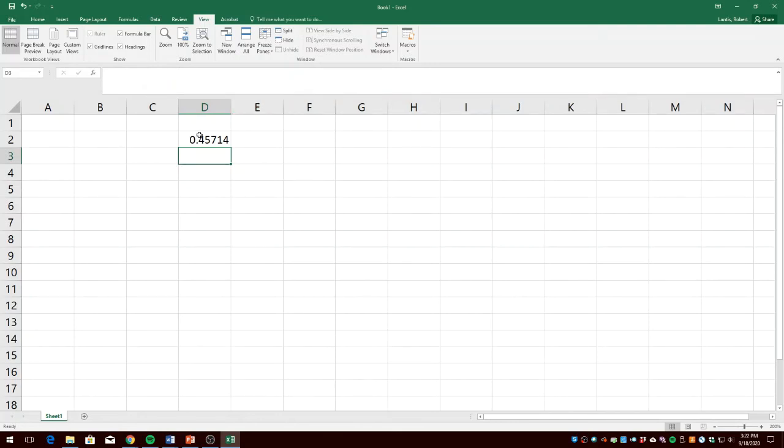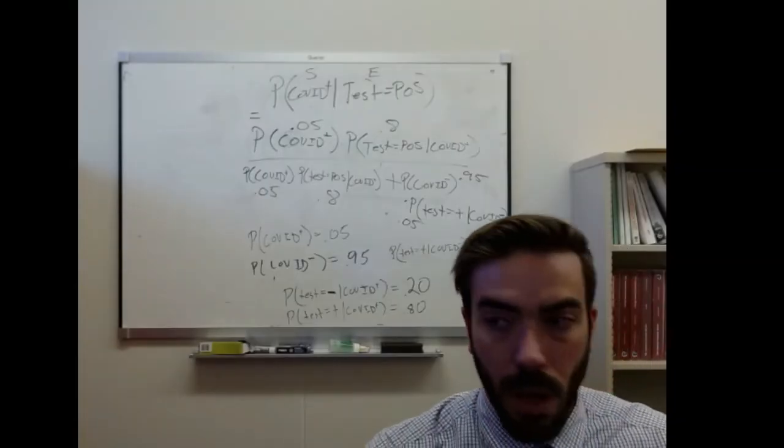So given that somebody gets a positive test result, if they told you, I have a positive test result, the probability they actually had COVID, if we made every single person get tested, would only be about 45%. And it's similar to when we talked about the HIV example today.